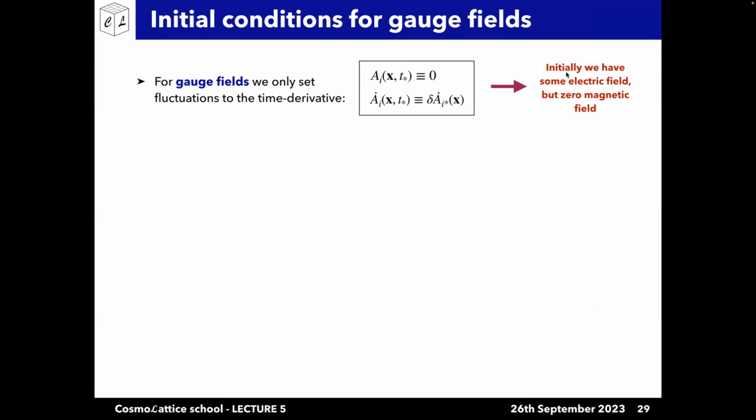This means that in our simulations in CosmoLattice, initially we have some electric field given by these fluctuations, but we have no magnetic field, because the magnetic field is just a combination of spatial derivatives of the gauge field components.